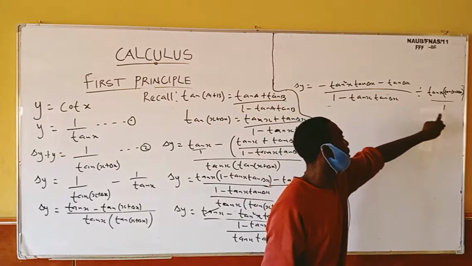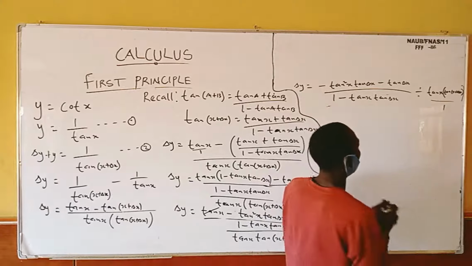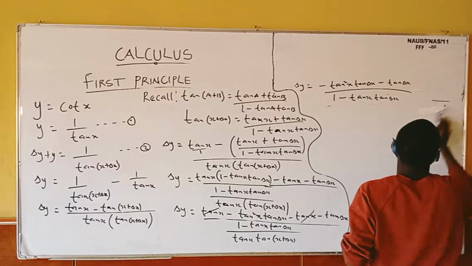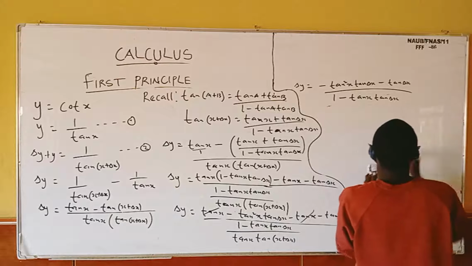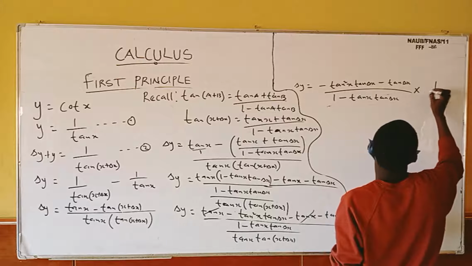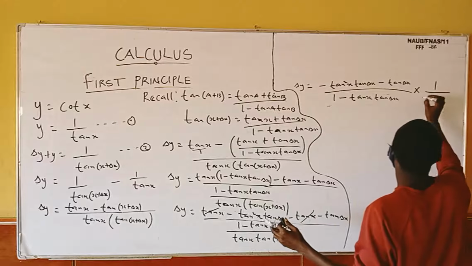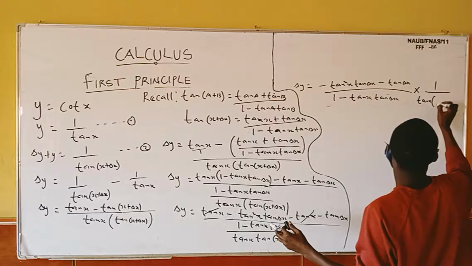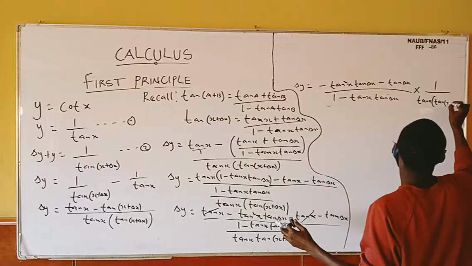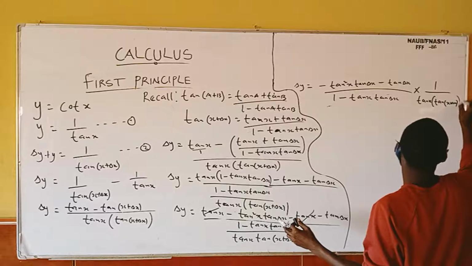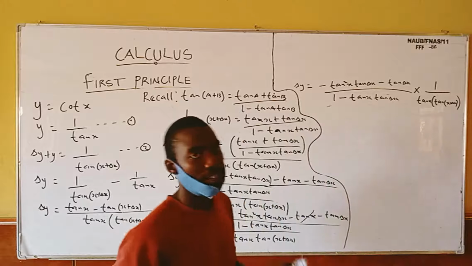To change to multiplication, this one will go up, this one will come down. So to change to multiplication, say times 1 all over tan s into tan s plus change in s. So like this. I hope you get this right.